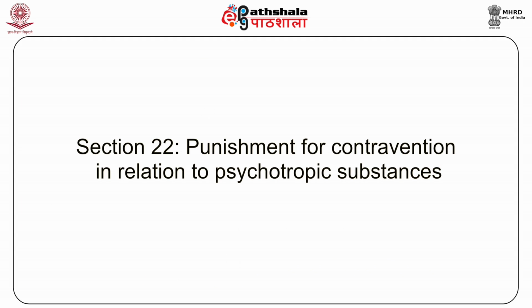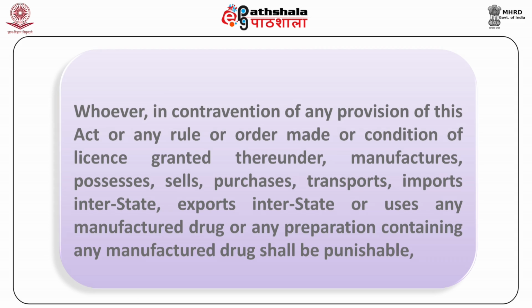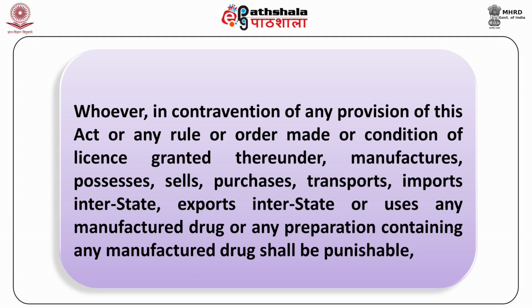Section 22. Punishment for contravention in relation to psychotropic substances. Whoever in contravention of any provision of this Act or any rule or order made or condition of license granted thereunder manufactures, possesses, sells, purchases, transports, imports interstate, exports interstate, or uses any psychotropic substance shall be punishable.